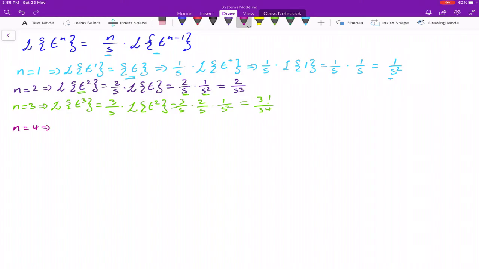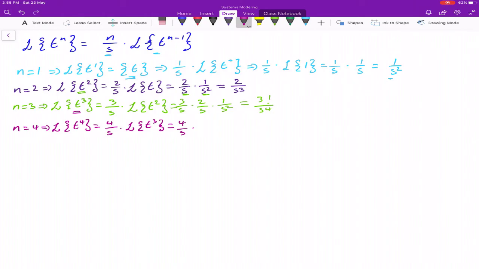This implies that we have the Laplace transform of t to the fourth, which is equal to 4 over s times the Laplace transform of t to the 4 minus 1, which is 3. So we have 4 over s times the Laplace transform of t to the third, which we found already.